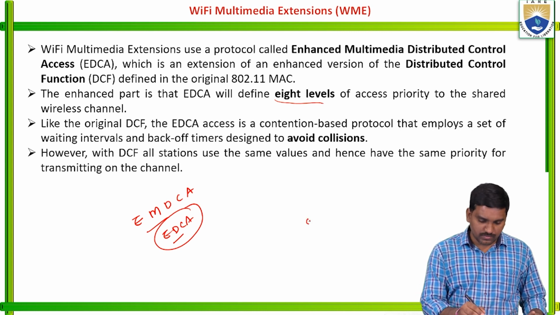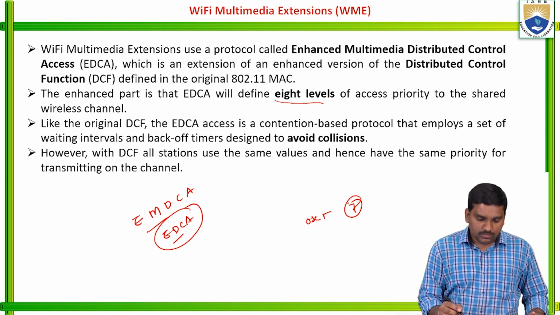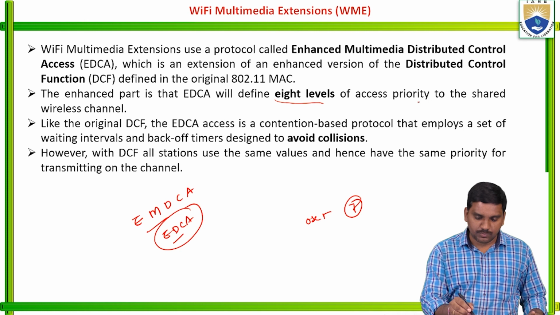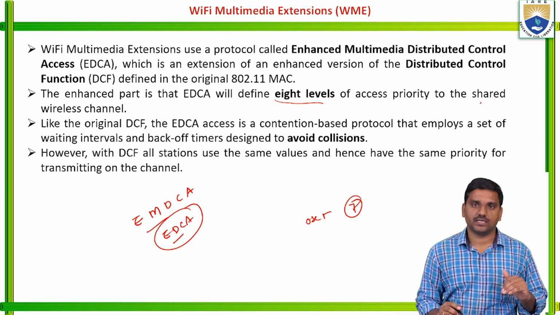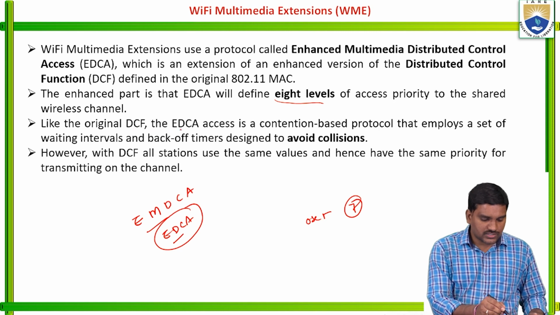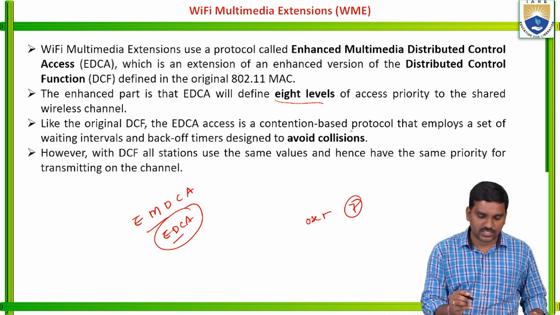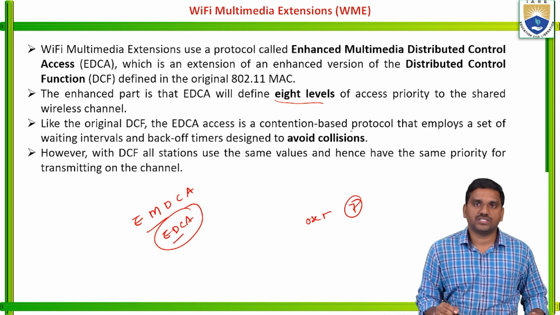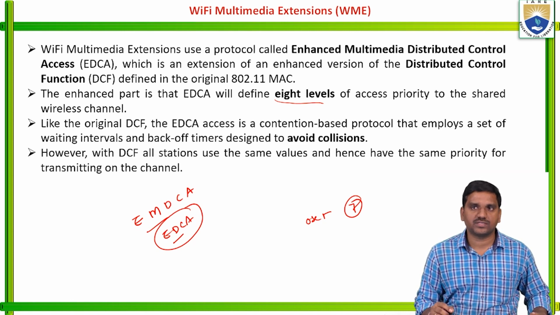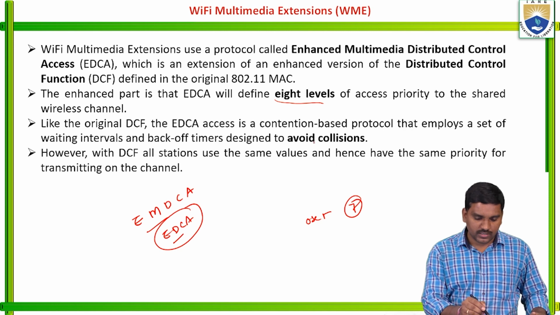The enhanced part of EDCA defines 8 levels. Like the OSI reference model has 7 layers, here EDCA defines 8 levels of access priority to the shared wireless channel. Next, like the original DCF, the EDCA access is a contention based protocol that implies a set of waiting intervals and backoff timers designed to avoid collision.